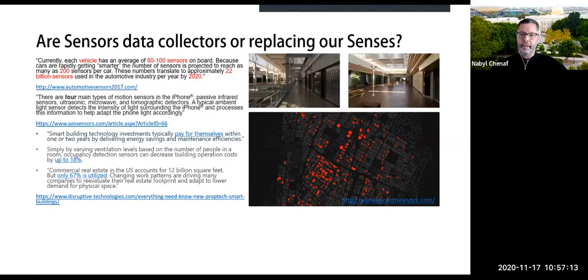Good. This is my last slide. It just shows that the city of New York and these red spots are places that are not used, like this empty shopping mall.